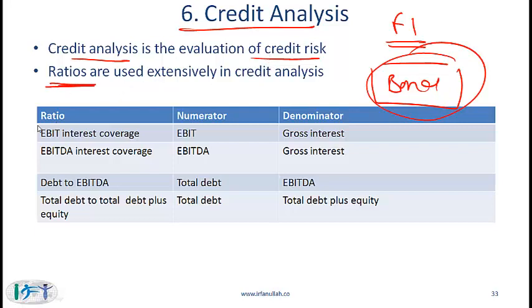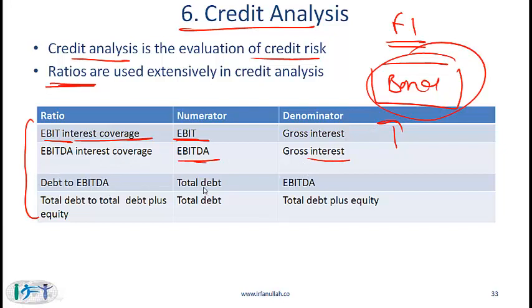The curriculum gives several ratios, but I'll highlight what I think are the most important ones. EBIT interest coverage ratio, where you are looking at EBIT relative to the gross interest, is extremely important. A high number can make you feel comfortable that credit risk is low, and some other ratios include EBITDA over gross interest. And then debt to EBITDA.